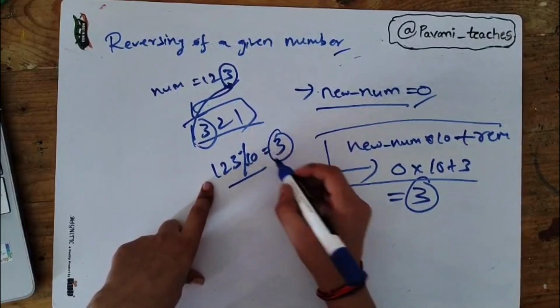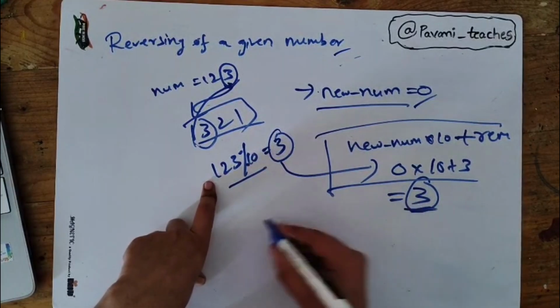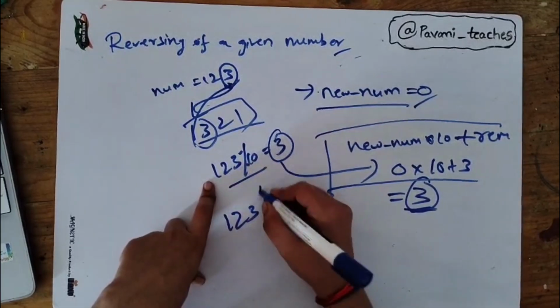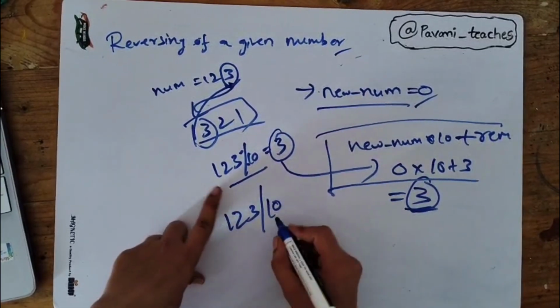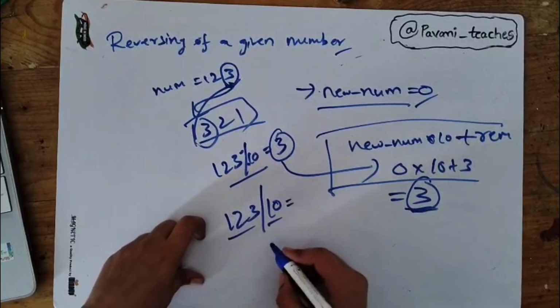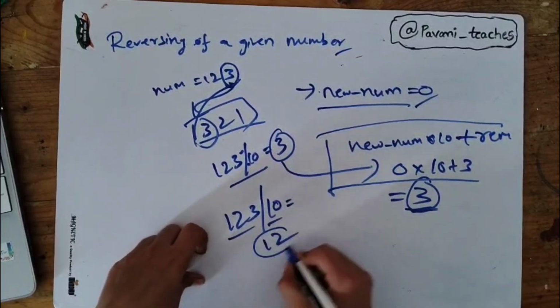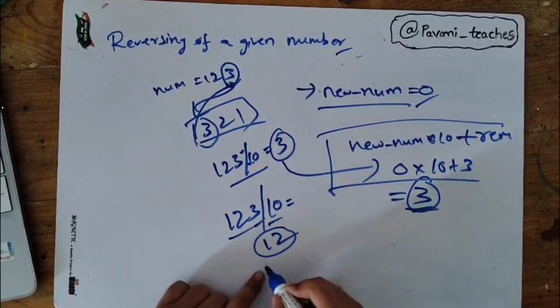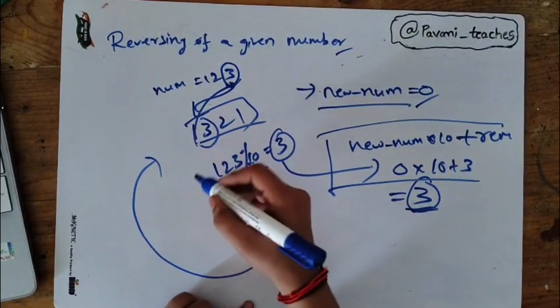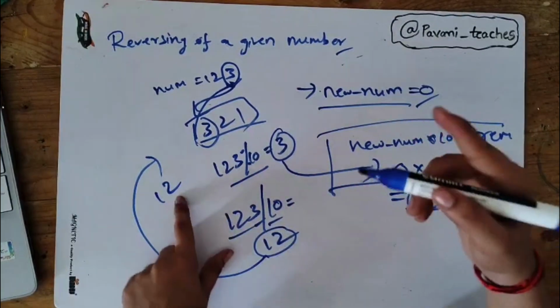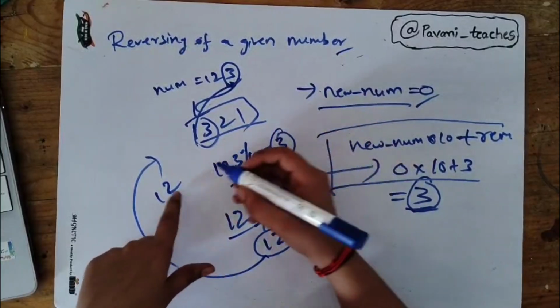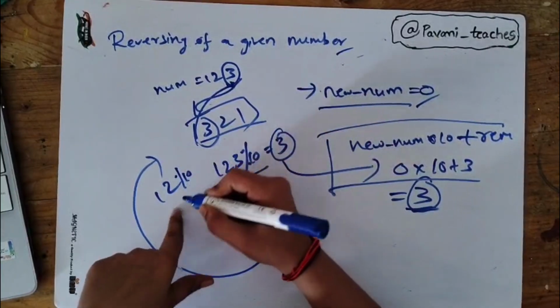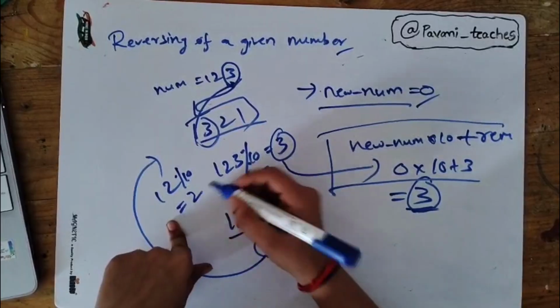After getting this 3, we have to exclude the 3 from the given number. That means we divide the given number by 10, which gives 12. Now we have excluded the 3, and our number becomes 12. Again we perform the same process: 12 modulo 10 gives remainder 2.